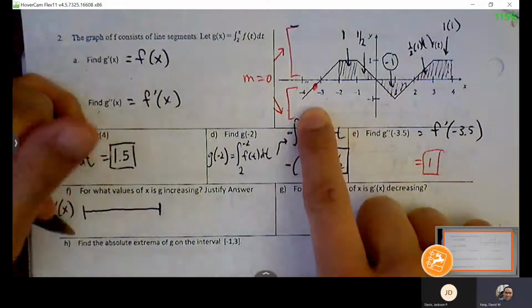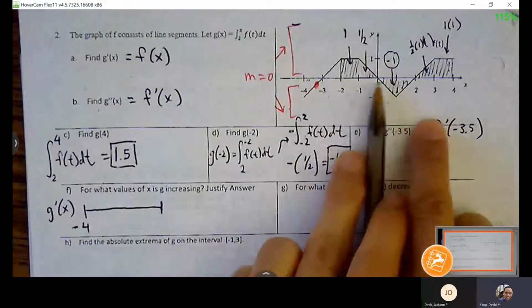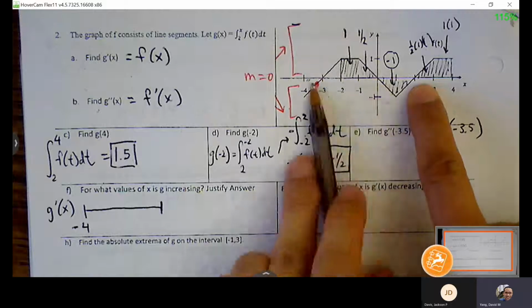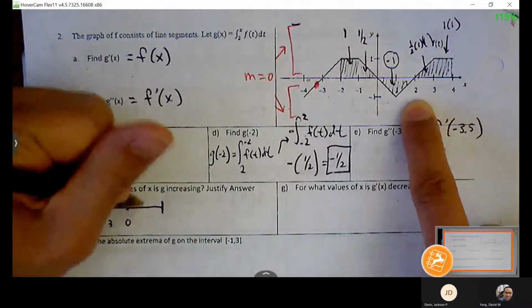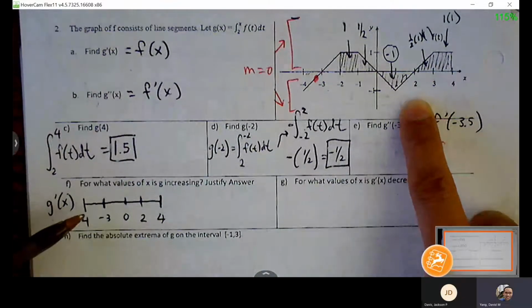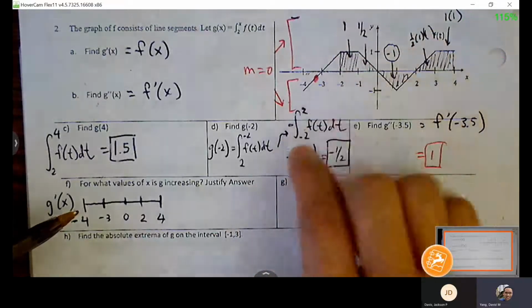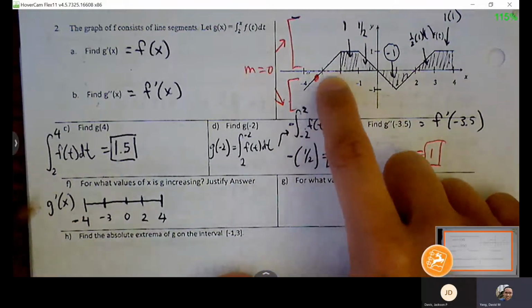Okay, so I'm going to mark all my critical points. I'm going to start at my endpoint. My critical points are -3, 0, and 2. All right, those are my x-intercepts. Now I'm just going to look, where is the graph above or below the x-axis? It starts off below the x-axis.